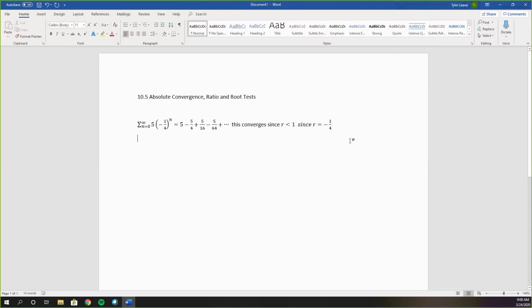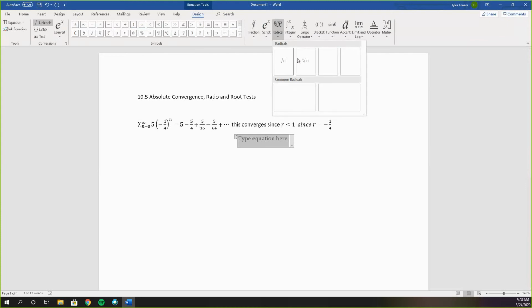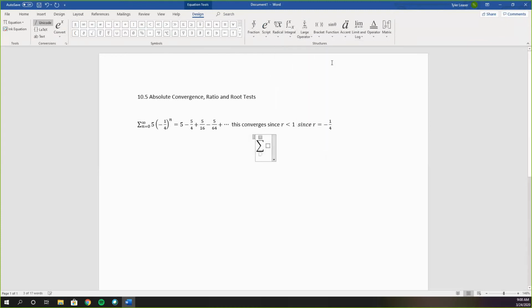Okay, so we're also going to look at another series here. Very, very similar series, but now we're looking at the series as n goes from 1 to infinity of 5 times just positive 1/4 to the n.